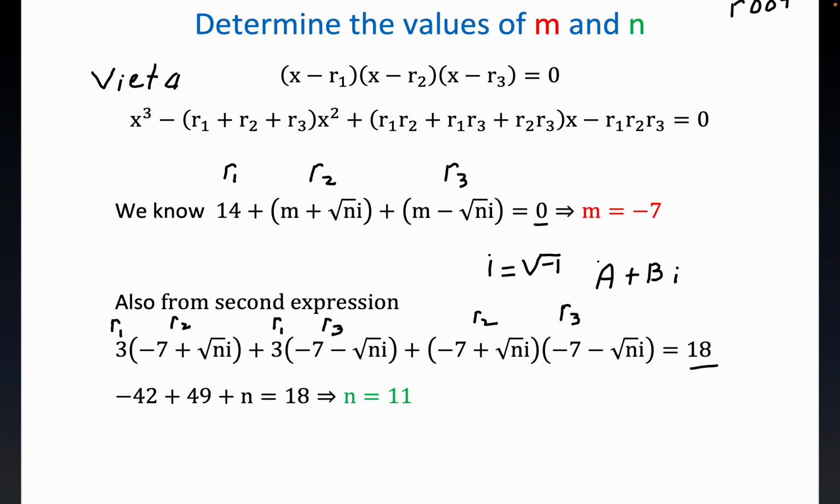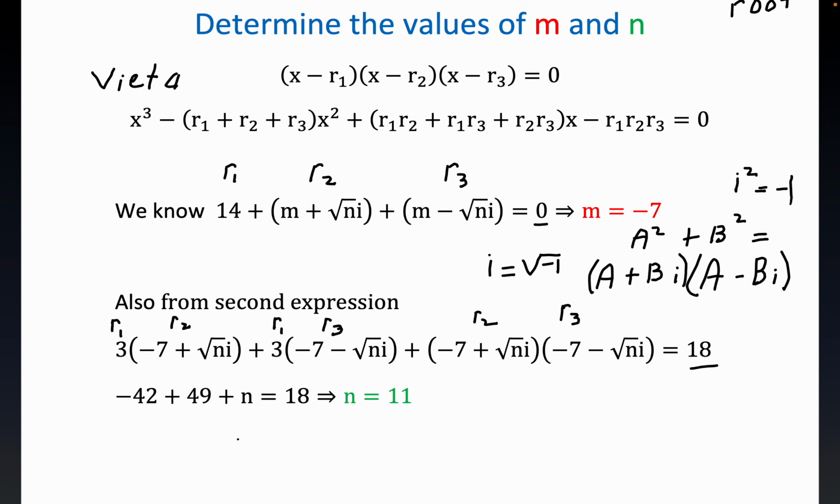So a plus bi times a minus bi, because of this unusual property of i squared being equal to -1, is equal to a squared plus b squared, by the difference of two squares formula.